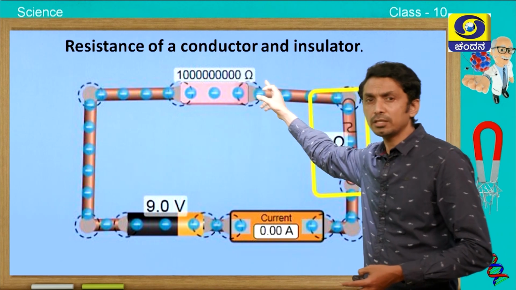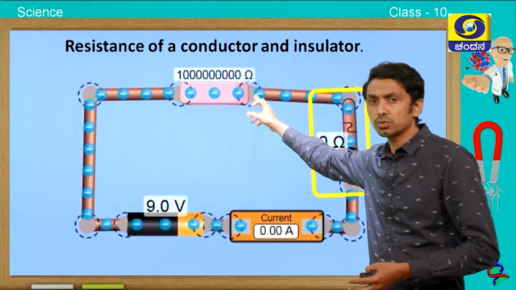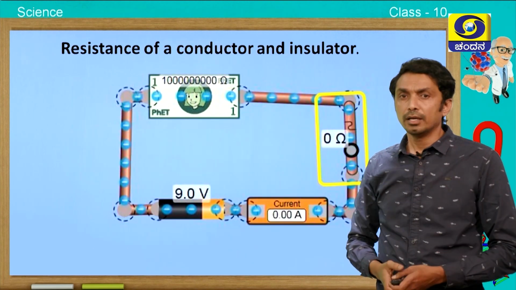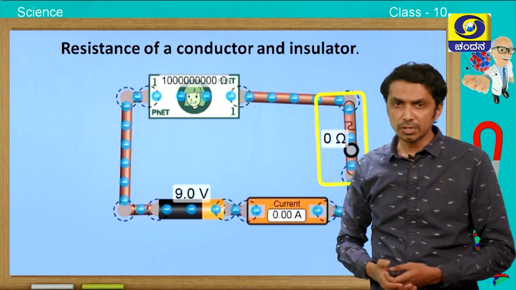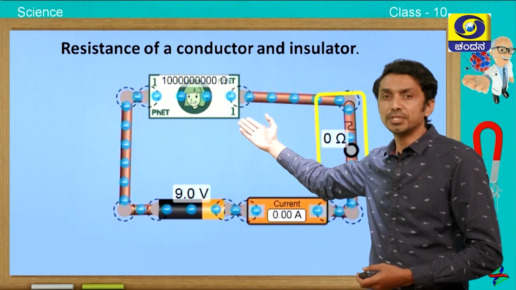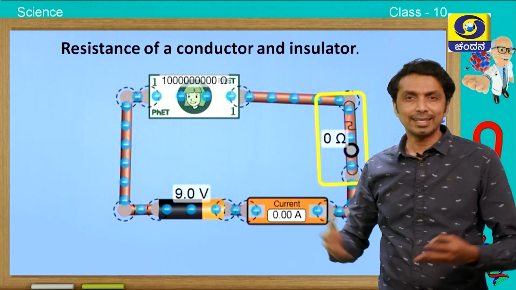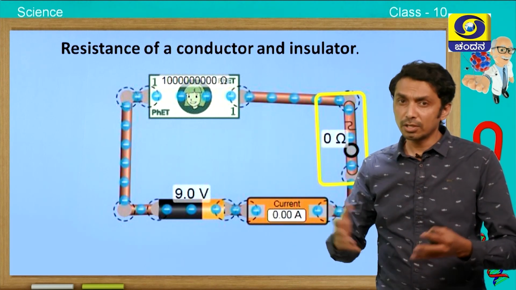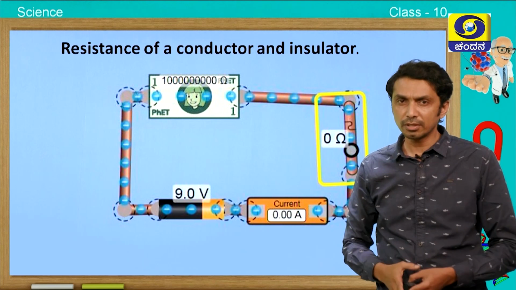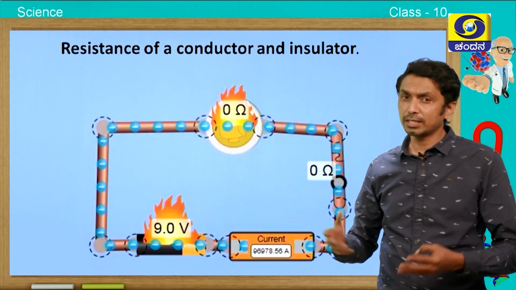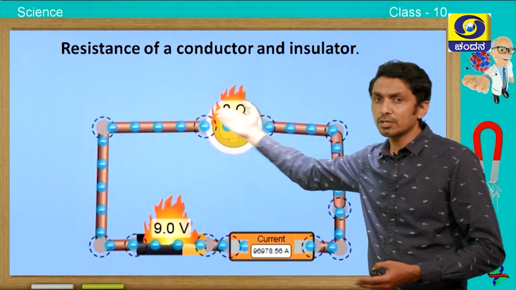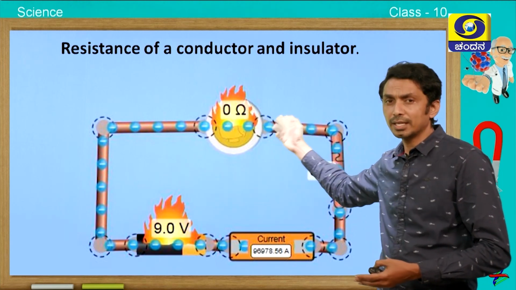It is that many ohms, one followed by so many zeros. You can also count them. And also in this example, we saw how this object, when we placed it in a circuit, the electric charges did not flow, whereas when we connected this coin, the charges were flowing rapidly, right?